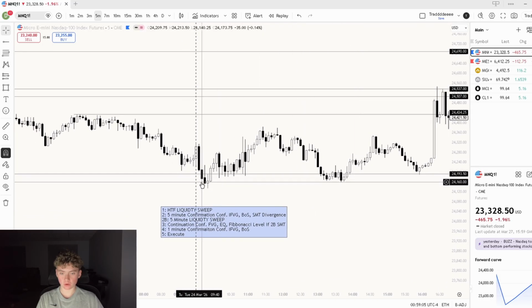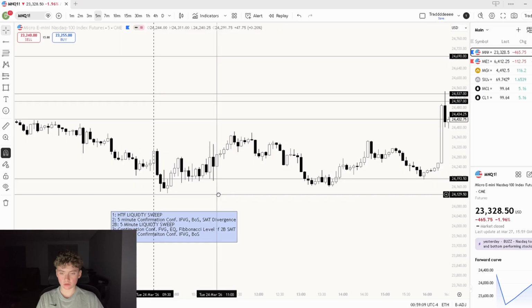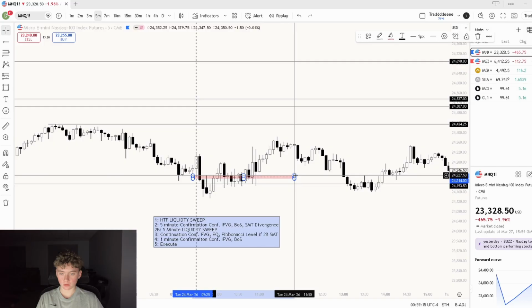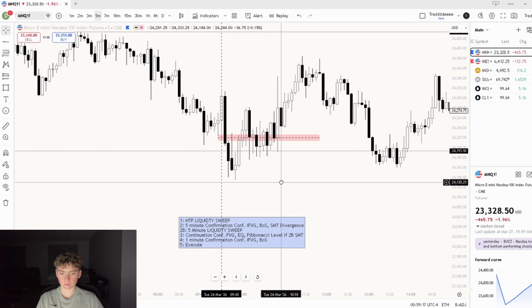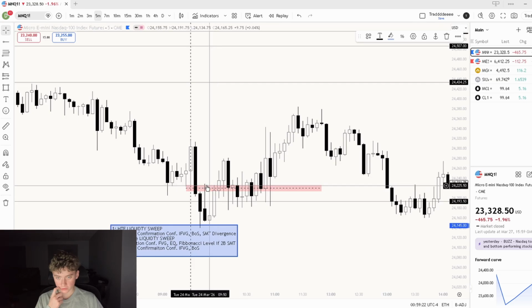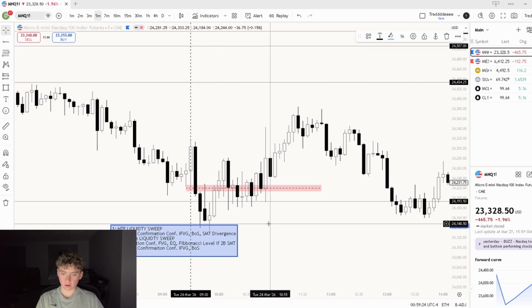Now we're going to look for a confirmation confluence. So what do we have here? We have a fair value gap, and lo and behold, we inverse it. So the inverse is right here. So that is step 2 checked off.